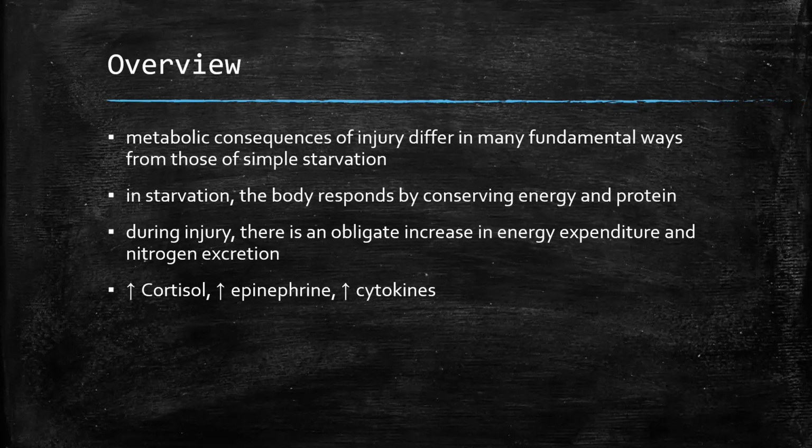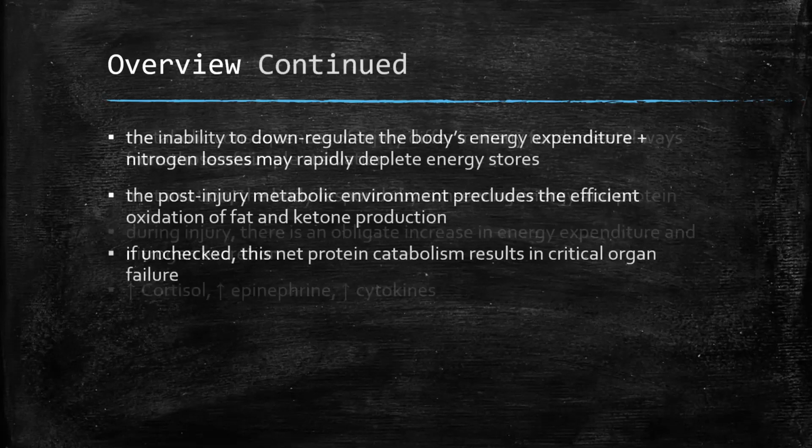However, during injury, because of the hormonal environment, there's an obligate increase in energy expenditure and nitrogen excretion. Nitrogen excretion is just a fancy way of saying that there's protein catabolism going on, and that protein is being diverted to glucose. And so the injured patient is unable to downregulate their basal metabolic rate.